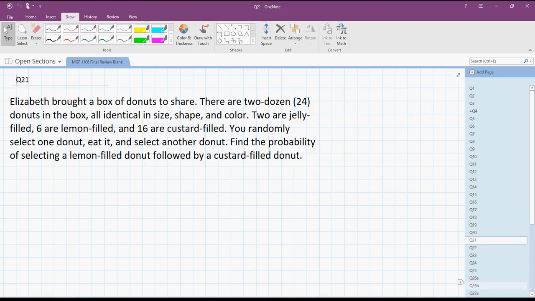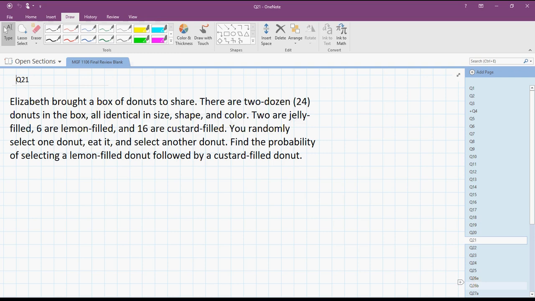So here it says Elizabeth, thank you, Elizabeth, brought a box of donuts to share. There are 2 dozen donuts, which means that's 24. If you don't know what a dozen is, it's not a baker's dozen. In a box, all identical in shape, size, and color, 2 are jelly filled, 6 are lemon filled, 16 are custard filled.